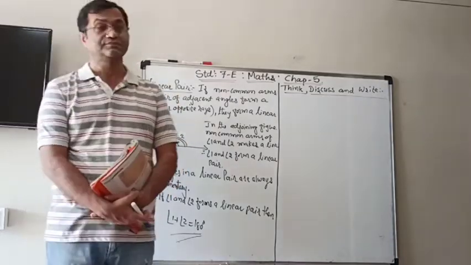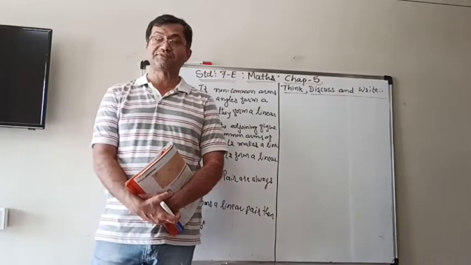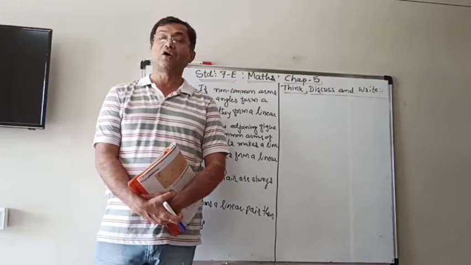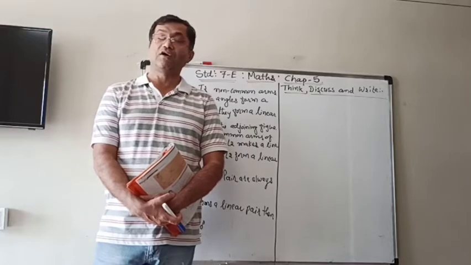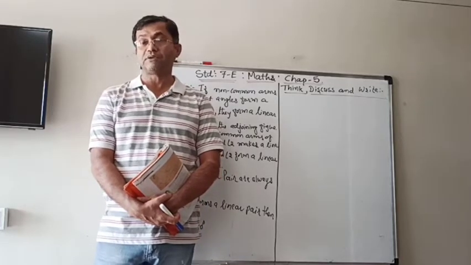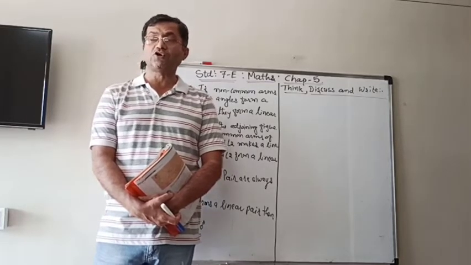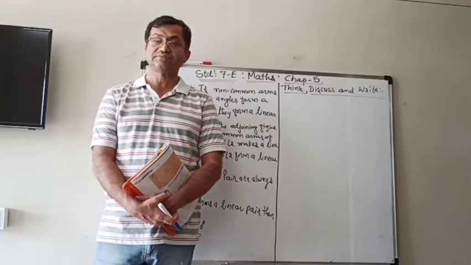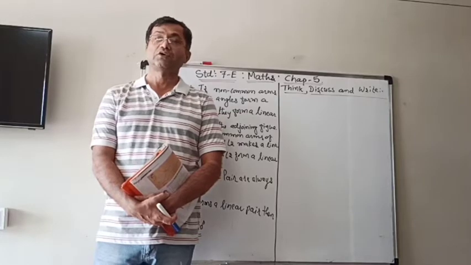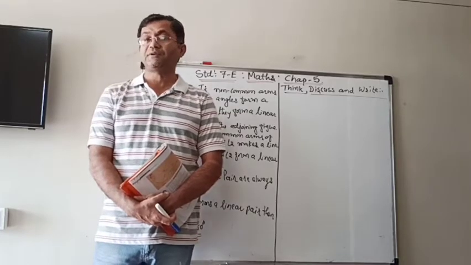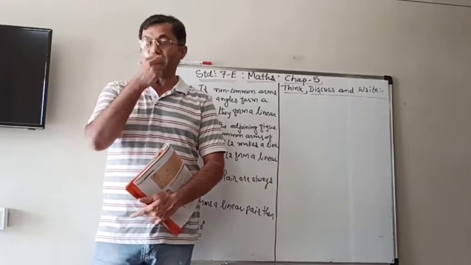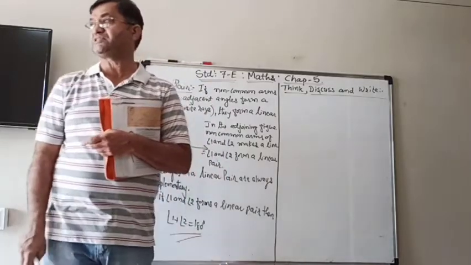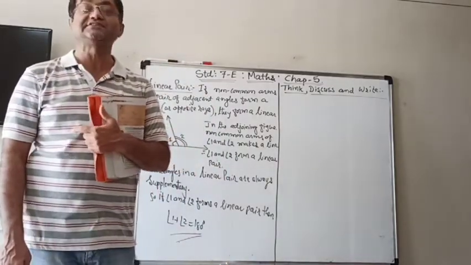And the third, the non-common arms are on either side of the common arm. Means both the non-common arms of the two angles will be on different sides of the common arm. So if the two angles fulfill all these three conditions, they are said to be adjacent angles.